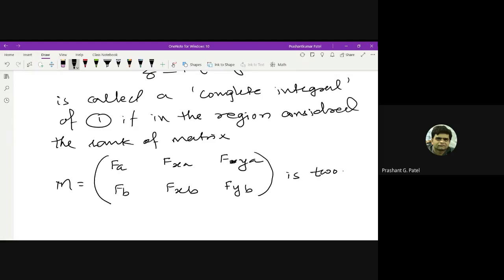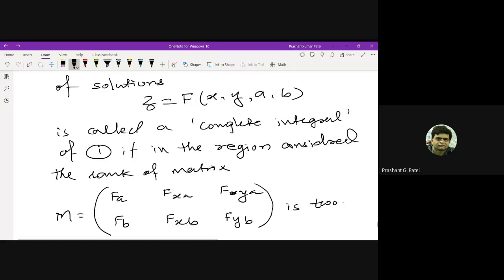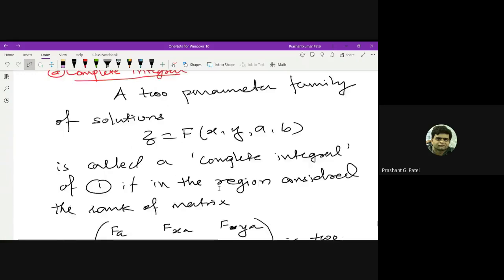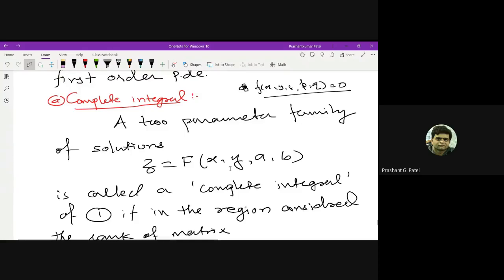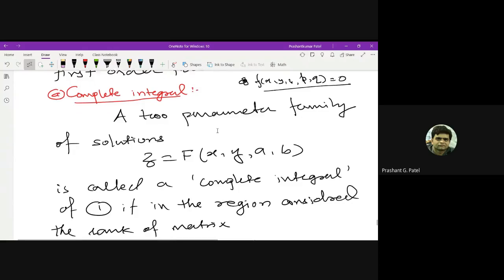What is the function capital F? Capital F is this. If this is the solution and this matrix has rank 2, then we can say that that solution is a complete solution. So this is the first classification.